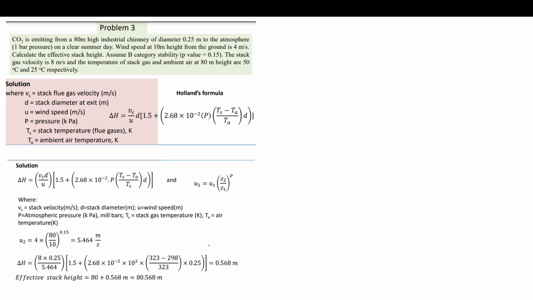Next question is, CO2 is emitting from an 80-meter high industrial chimney of this diameter. So this question is similar to what we have solved in the assignment. It's just that there is a difference in the height.